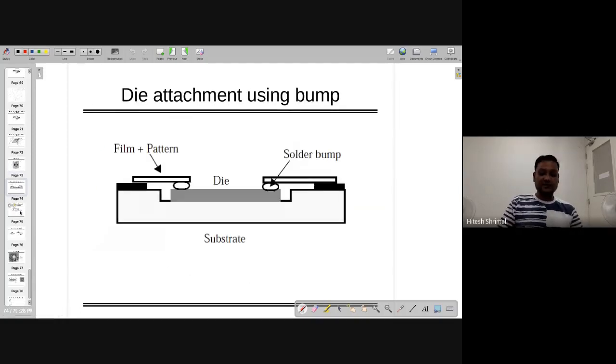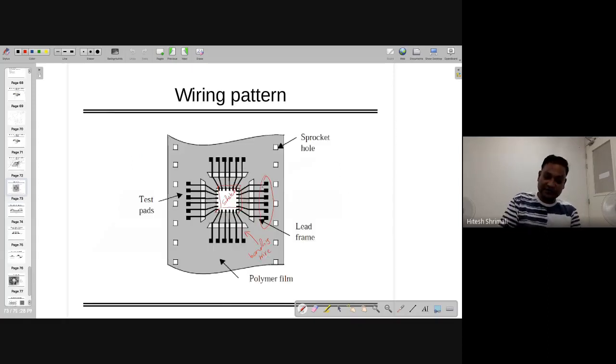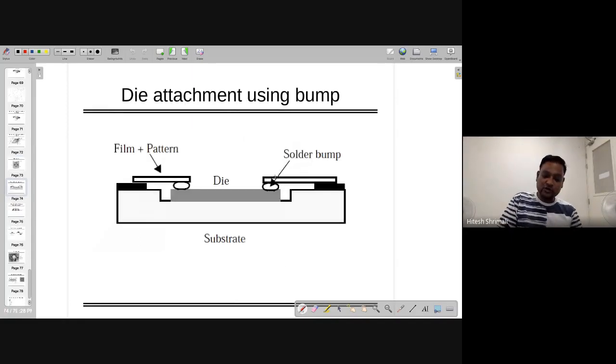And when you are connecting this through a film or pattern, you can see when they are connected through some solder bump, this is the connection. Bump is one sort of connection. Generally, bump is referring, most of the time, to substrate or the power supply connection.